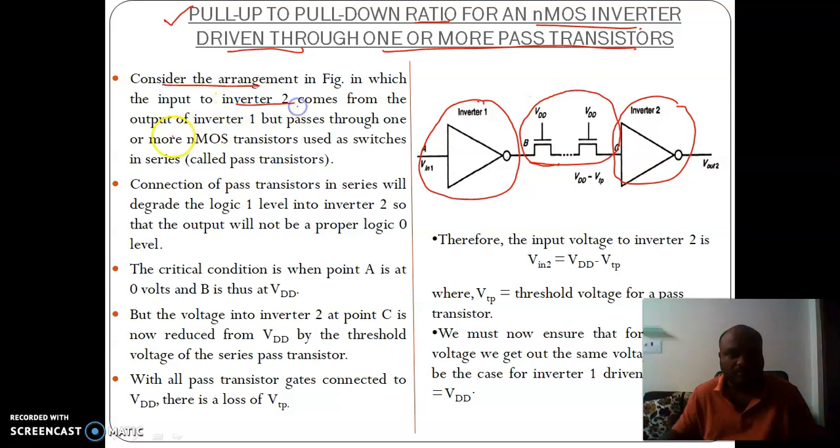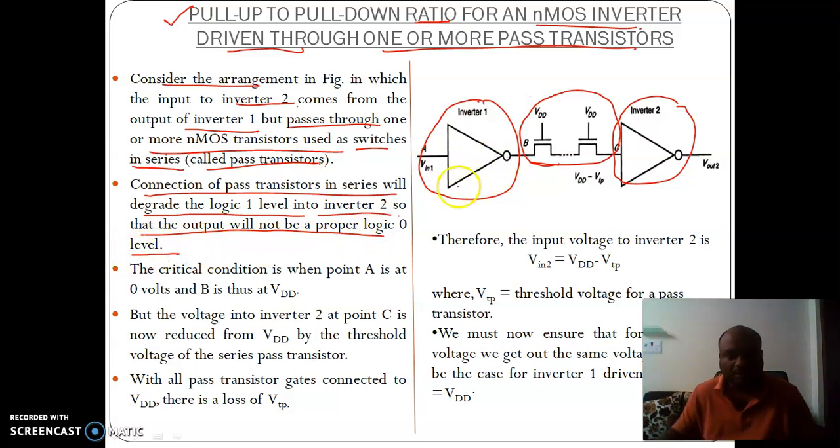The input to inverter 2 comes from the output of inverter 1, but passes through one or more nMOS transistors used as switches in series, called pass transistors. Connection of pass transistors in series will degrade the logic 1 level into inverter 2, so that the output will not be a proper logic 0 level.